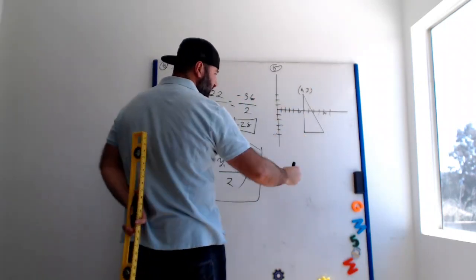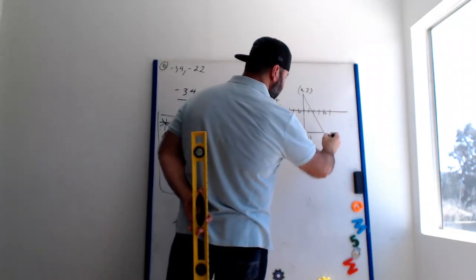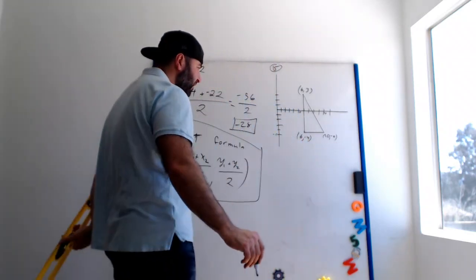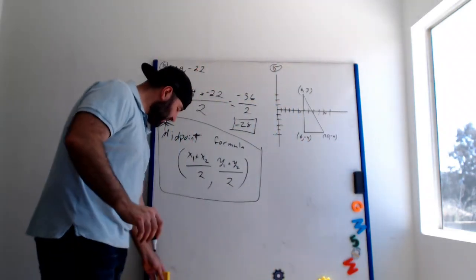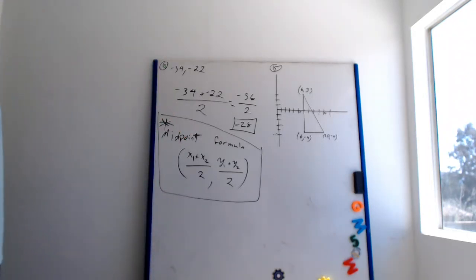This bottom one is positive 6, negative 4. And then we have 10, negative 4. They ask us to find the midway point of each section.